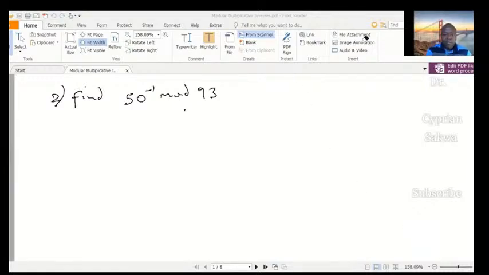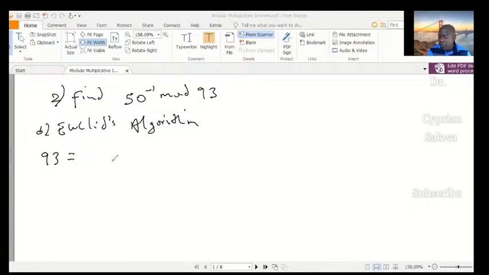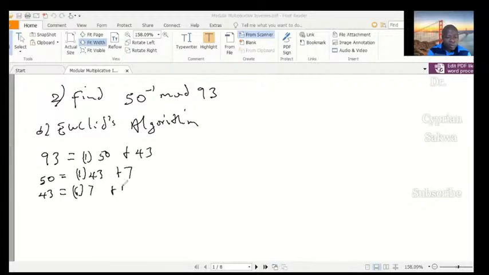So with Euclid's algorithm, 93 divided by 50: 50 goes there once, and the remainder will be 43. 43 into 50 goes once, and the remainder will be 7. 7 into 43 goes 6 times, and the remainder will be 1.